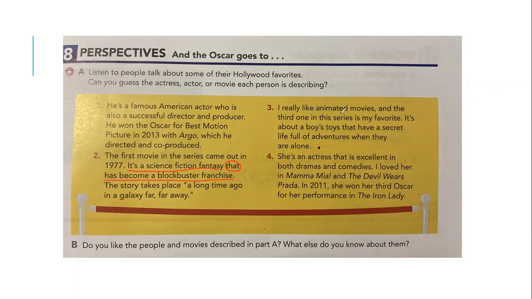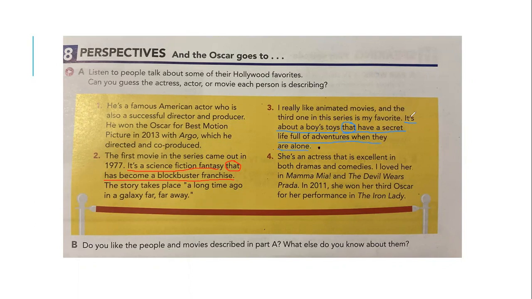So we have the answer here. It's about a boy's toys. This is the main clause. That, relative pronoun. Have a secret life full of adventures when they are alone. The rest of the sentence is the relative clause.